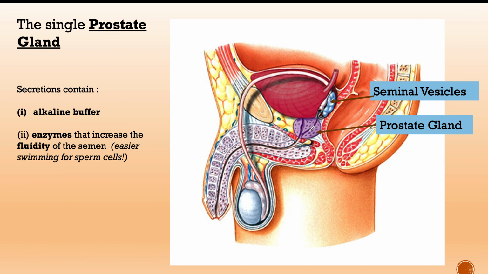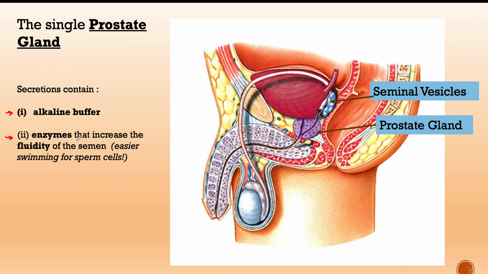Okay, so what does the prostate gland do? Well, just like the other one, it has that alkaline buffer in it to help protect the sperm. And it has one extra little role here, and that is to release enzymes into the fluids. So when the sperm come out, they're going to be mixed with all of these other secretions into our semen packet.